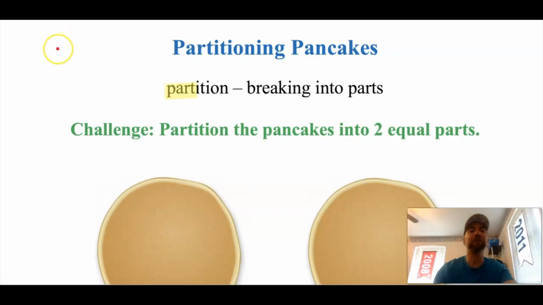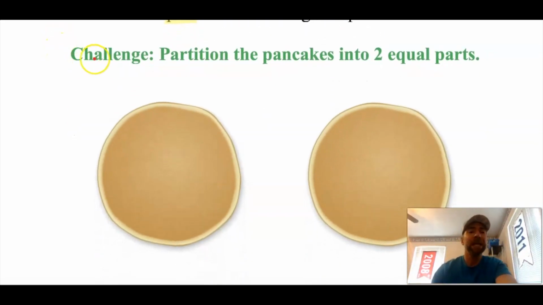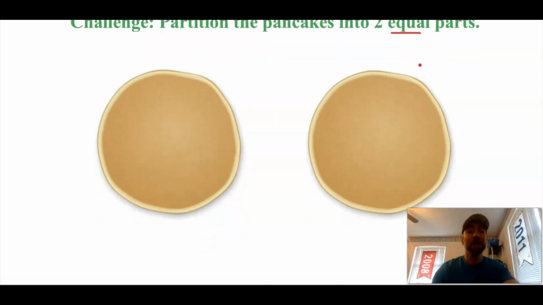Now here's my first challenge. It says to partition, break into parts, the pancakes into two equal parts. Oh, okay, this doesn't sound hard. So here's my first pancake, and me and Mrs. Attardi are going to share the pancake, and we both want an equal amount because we both love pancakes.